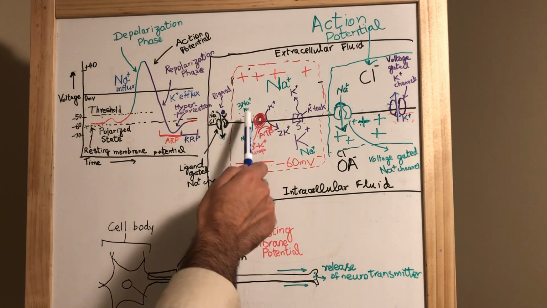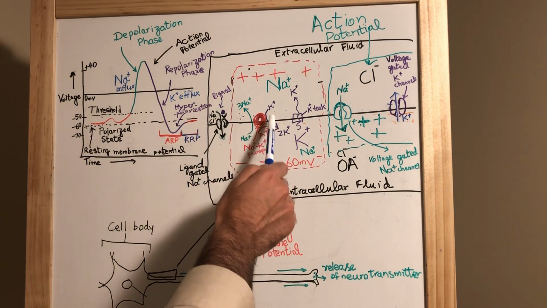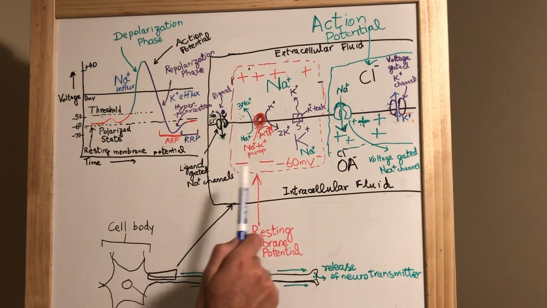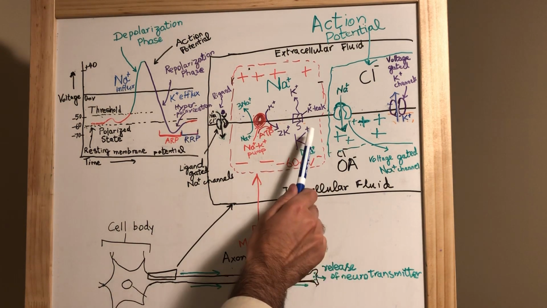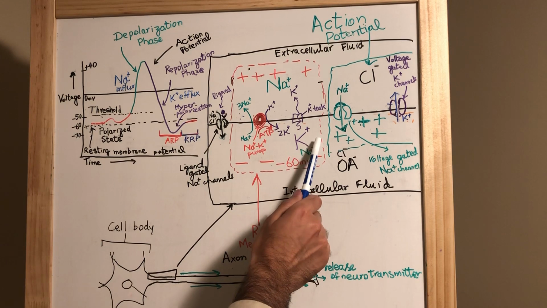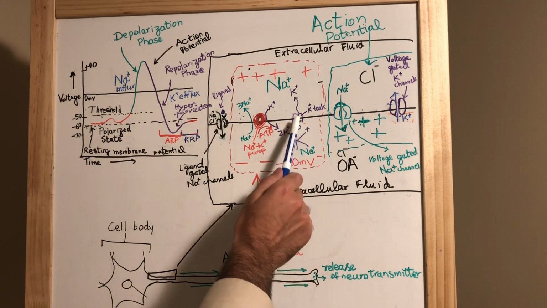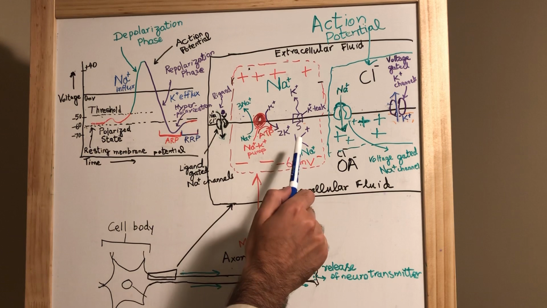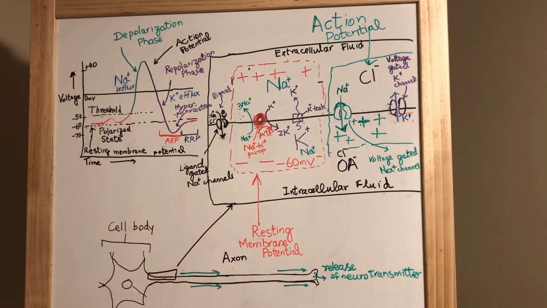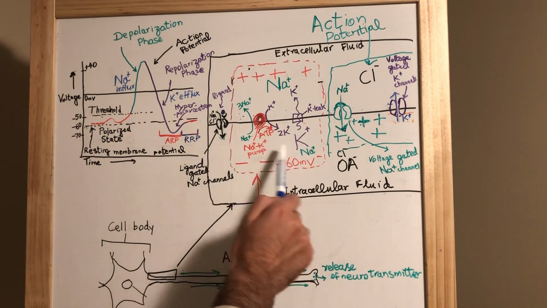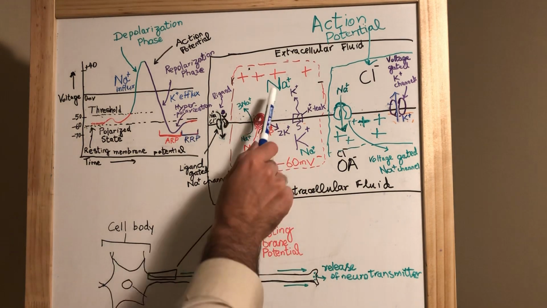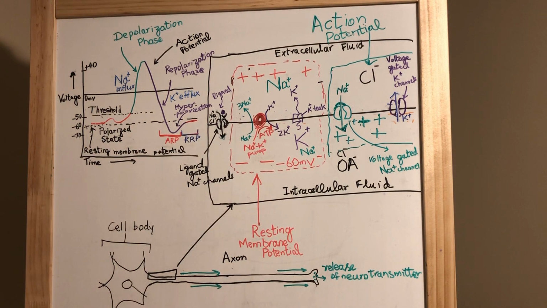Due to unequal exchange of sodium potassium ions through sodium potassium pump and loss of positively charged potassium ions through the leakage channel into the extracellular fluid, the inside of the cell membrane becomes predominantly negatively charged compared to the outside.